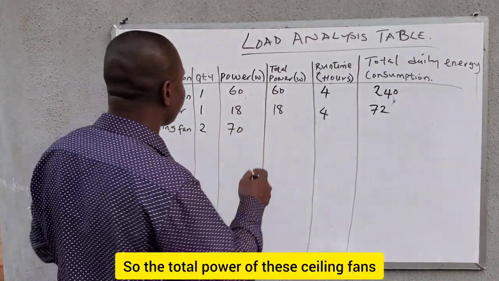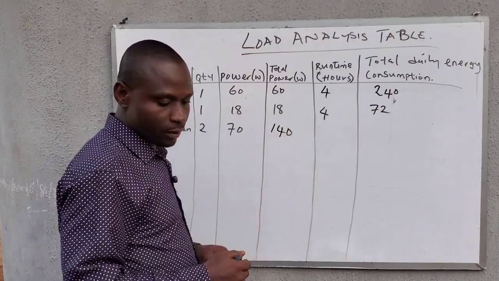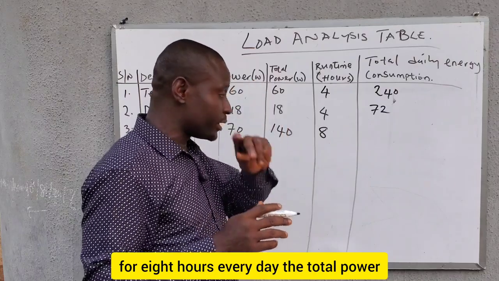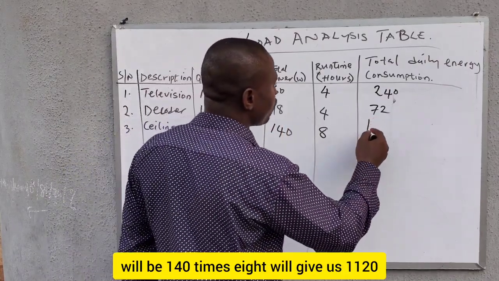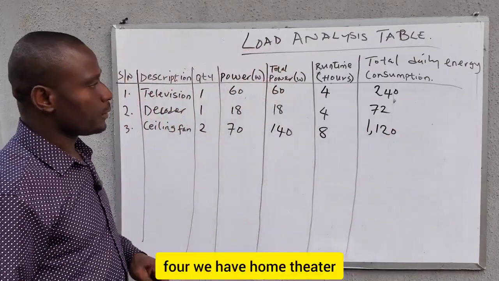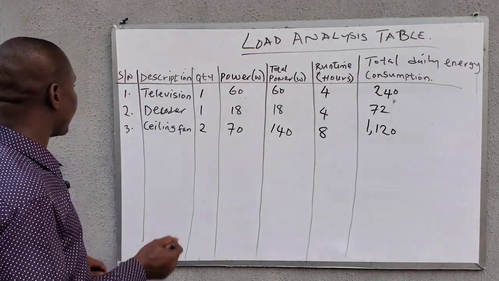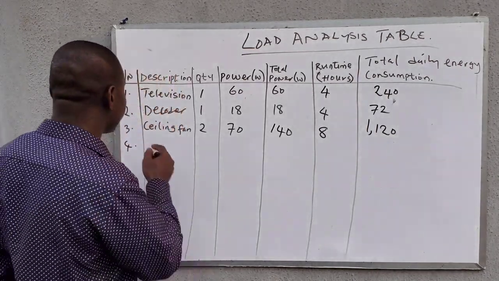So the total power of these ceiling fans will be 70 times 2, which is 140 watts. And he wants to use these ceiling fans for 8 hours every day. The total energy will be 140 times 8, will give us 1,120 watts hour. Then we have number 4, we have home theater.